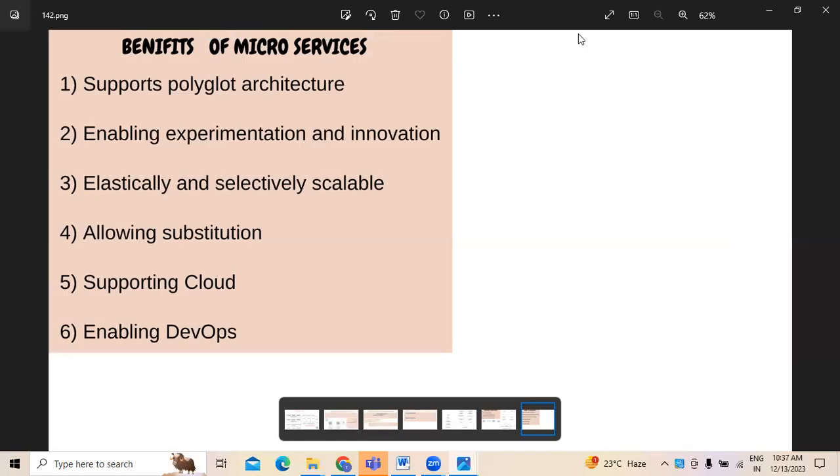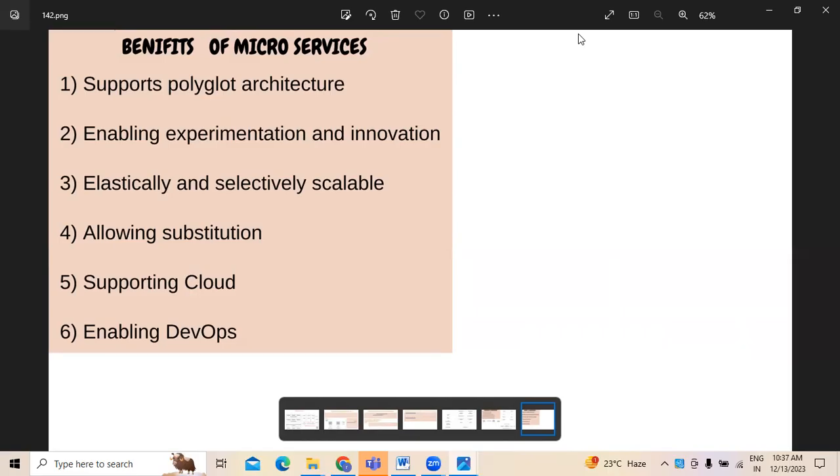But when it comes to the monolithic approach, we don't have that facility, because implementing small services for targeted functionalities is not possible at a micro level in a monolithic system. So this is also another benefit.